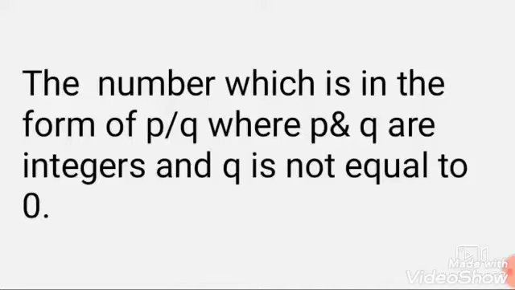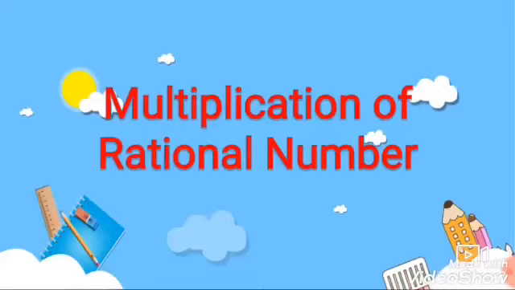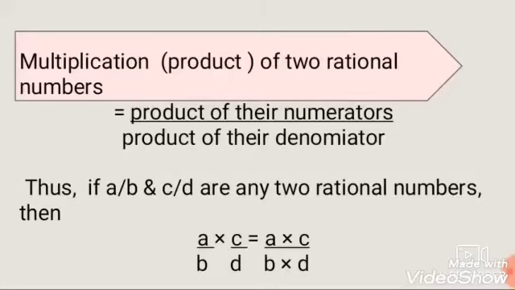Okay. Today we are going to see the multiplication of rational numbers and its properties. You all know how to multiply integers. Let's see how to do it with rational numbers. In this, the multiplication means product.